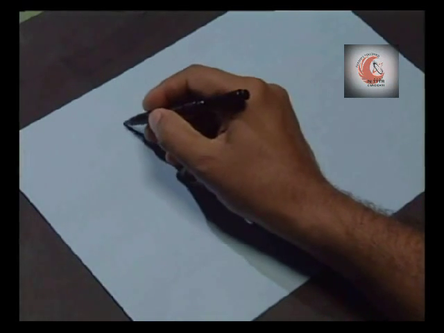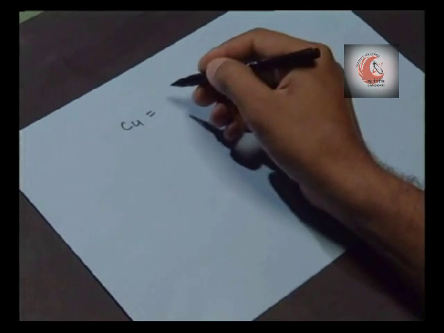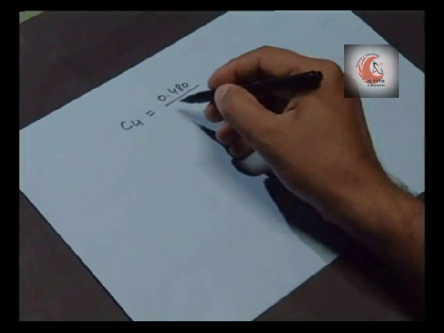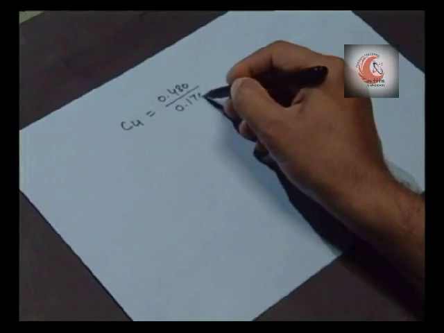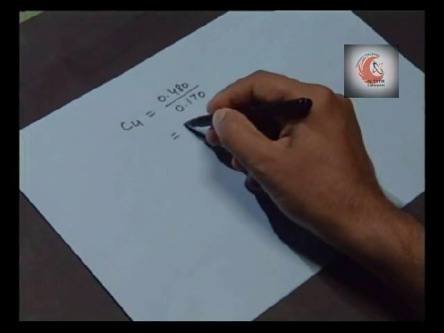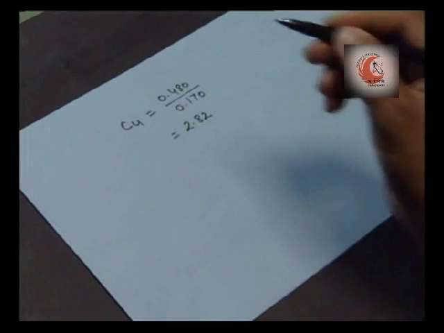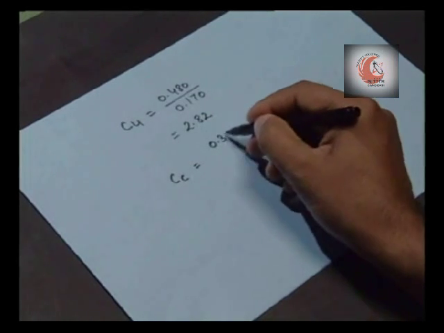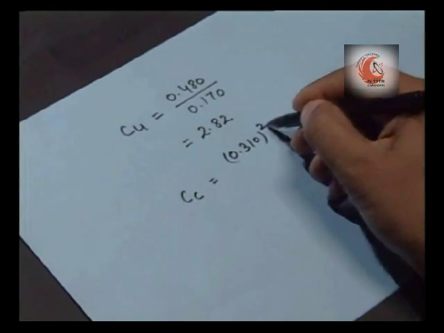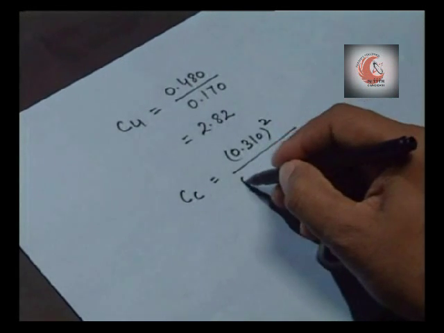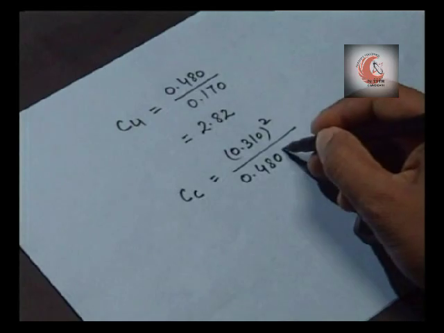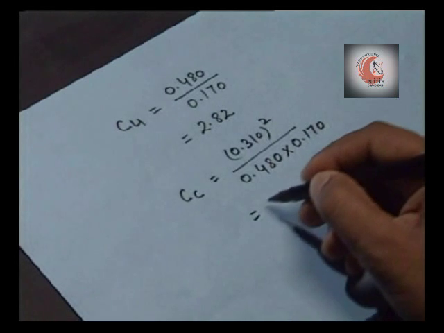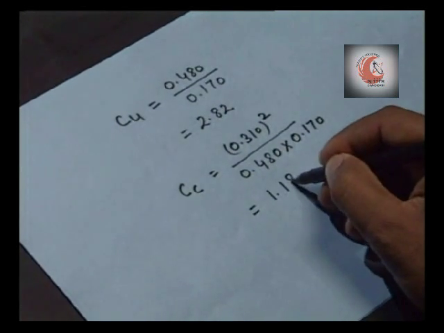By putting the values, Cu equals 0.480 divided by 0.170, which is equal to 2.82, and Cc equals 0.310 whole square divided by 0.480 multiplied by 0.170, which is equal to 1.18.